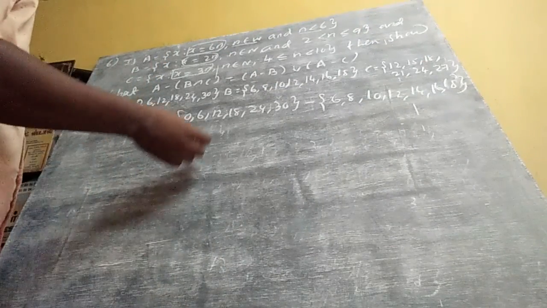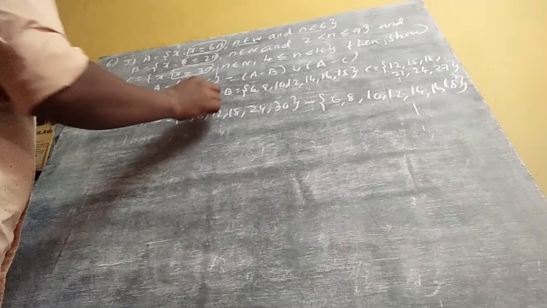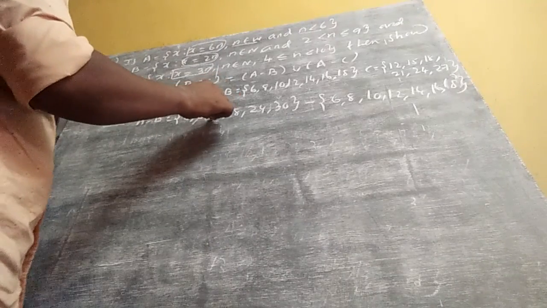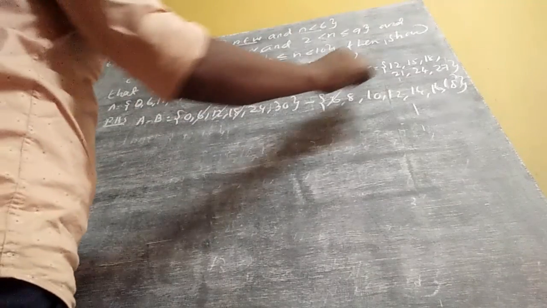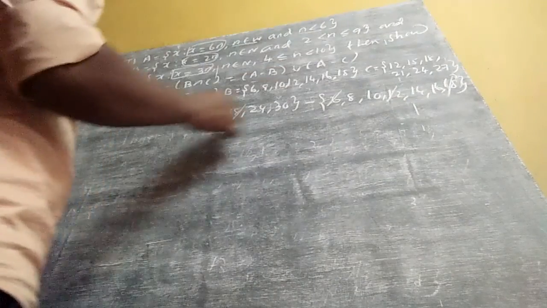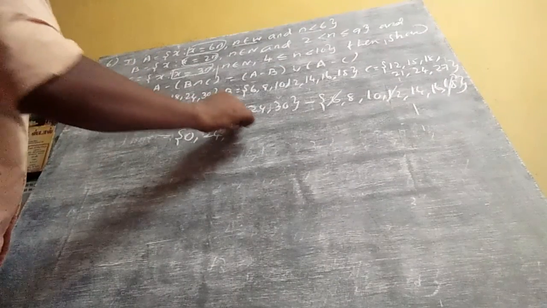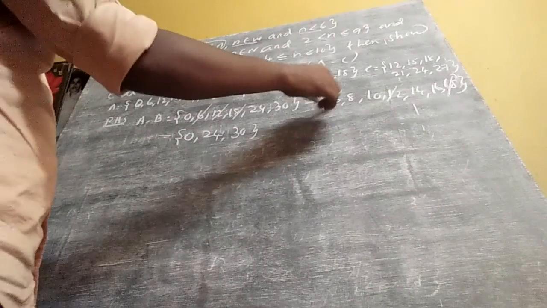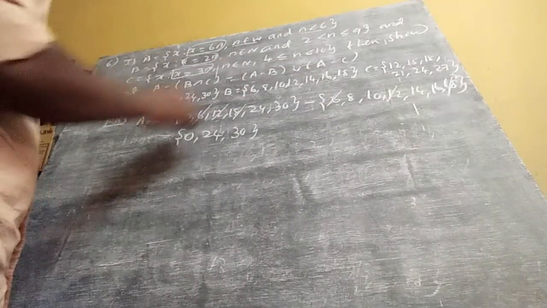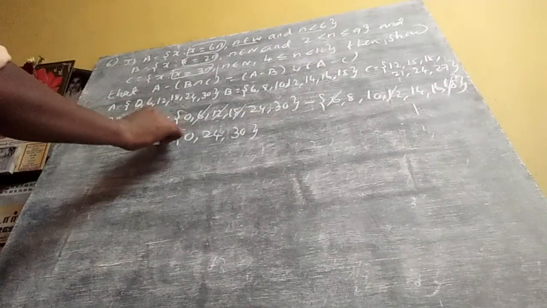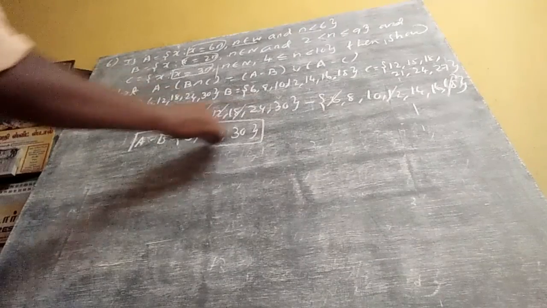Okay. Now, what is cancelling? 6 will cancel, 12 will cancel, 18 will cancel. Remaining 0, 24, 30. We should not worry about the second part because it is a subtraction. This is A minus B.